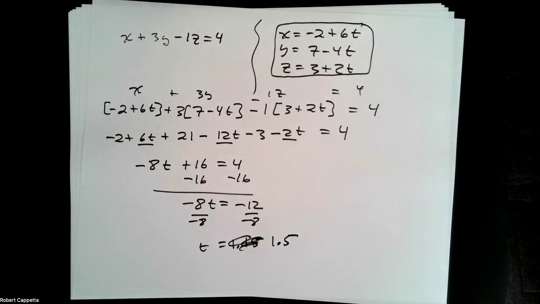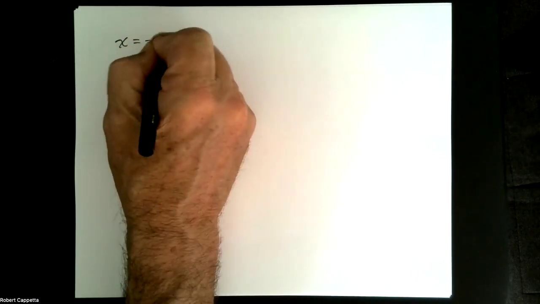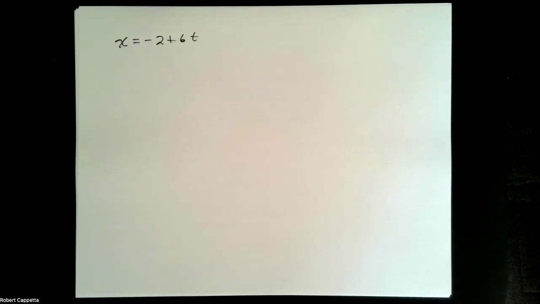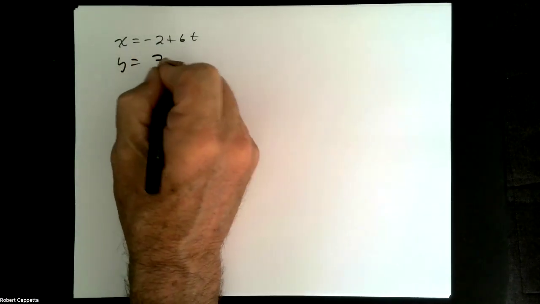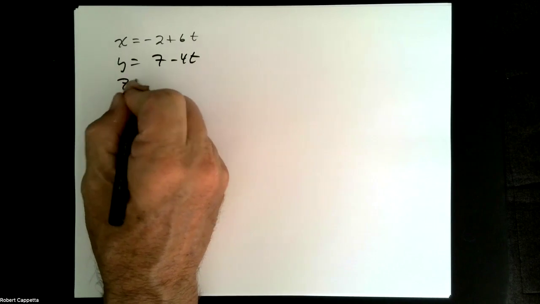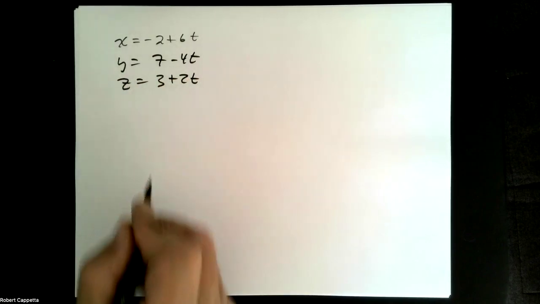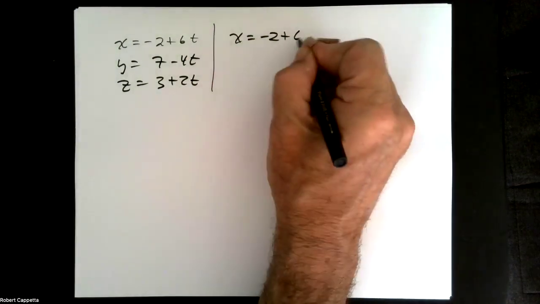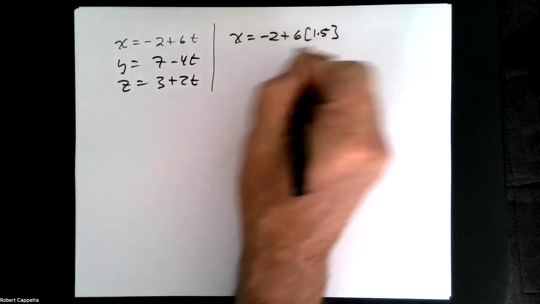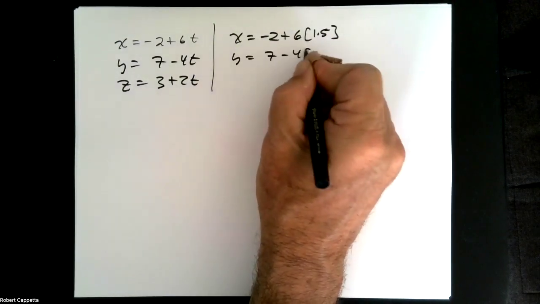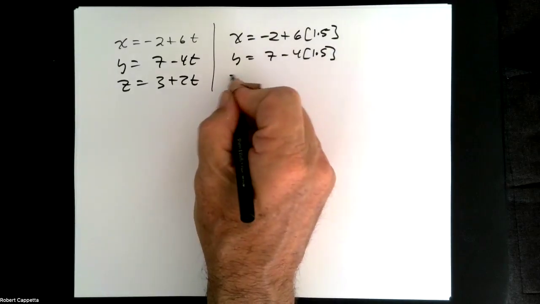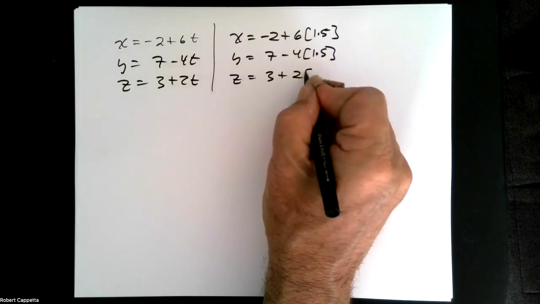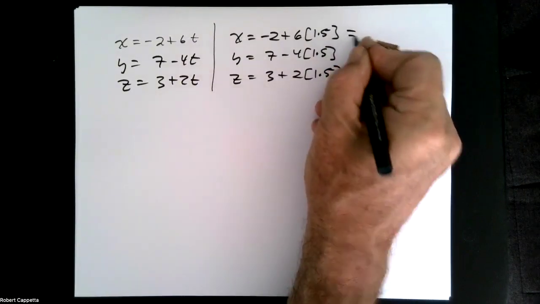So if I plug 1.5 in for t, I should find the point of intersection. So let's see if that is the case. We have x is -2 plus 6t, y is 7 minus 4t, and z is 3 plus 2t. Plugging in 1.5, that'll give me x is -2 plus 6 times 1.5, y is 7 minus 4 times 1.5, z is 3 plus 2 times 1.5.